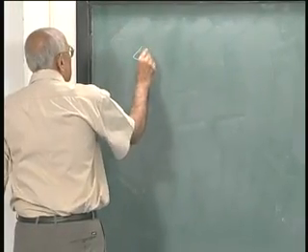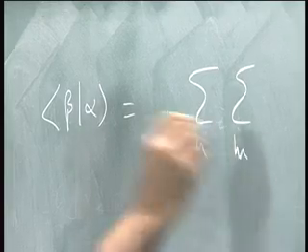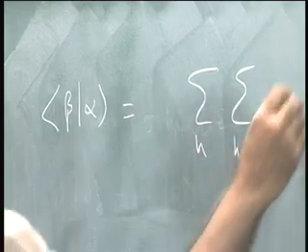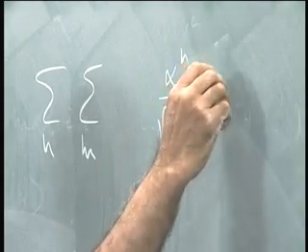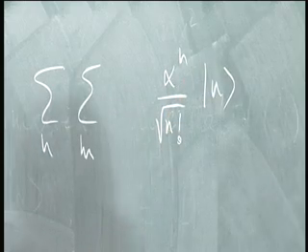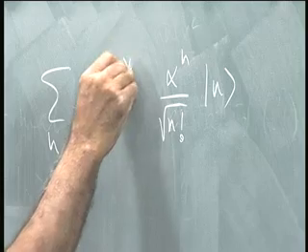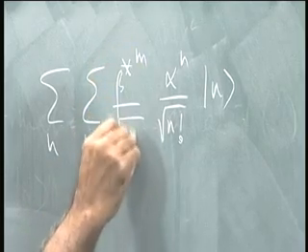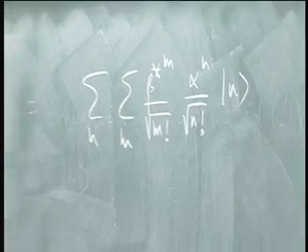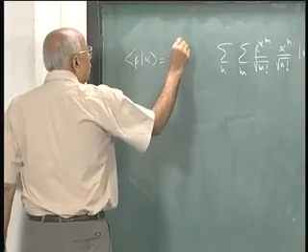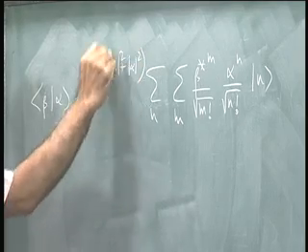So let us do beta with alpha equal to the summation over n, summation over m, and this state alpha was equal to alpha to the n over root n factorial, times n. And on this side there is a beta star to the m over root m factorial, and we should not forget the factor e to the minus half of mod beta squared plus mod alpha squared.